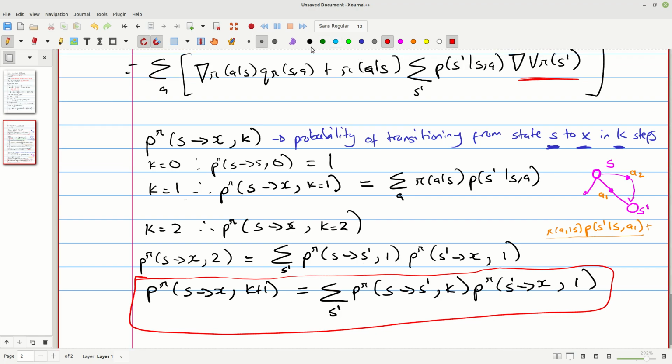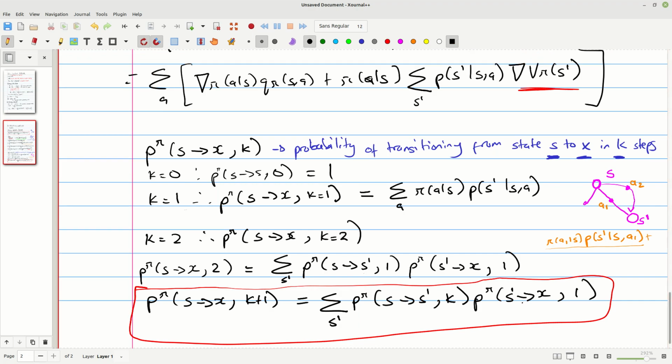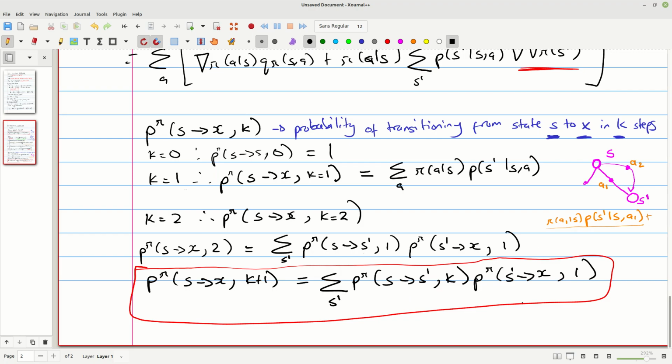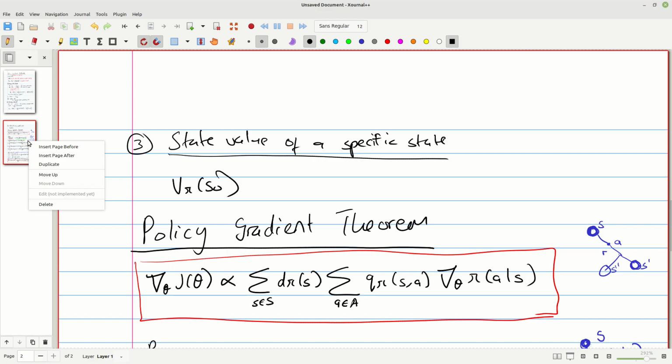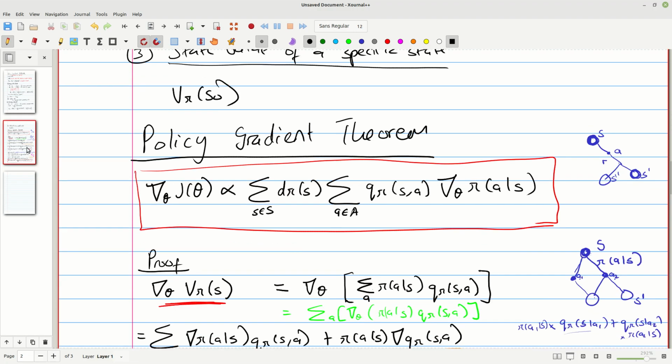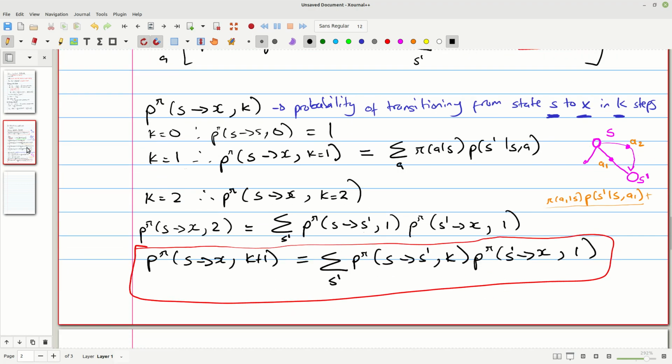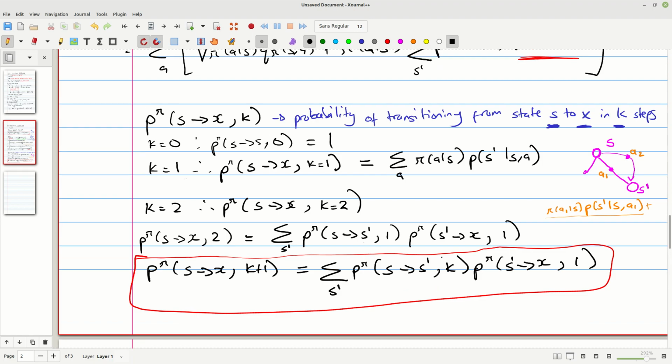You might be thinking, why am I making this derivation? But it's going to be important in deriving the policy gradient theorem itself. We've looked at how we can derive the probability of transitioning from state S to X in K steps.